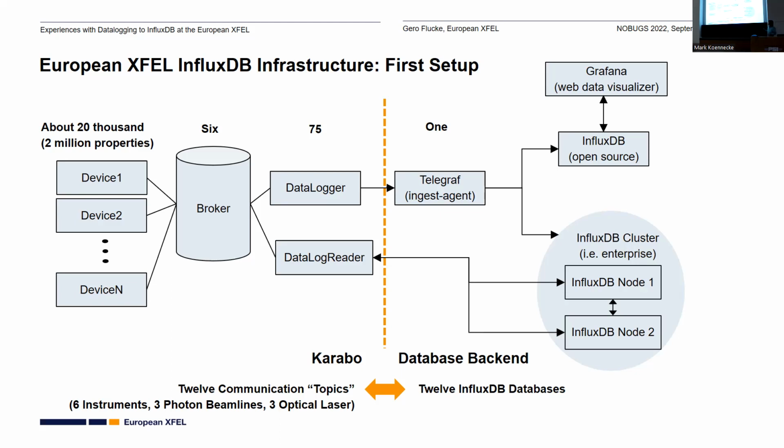for the real database. It's Telegraf here, where in the beginning we had exactly one object. Now, the 12 communication topics map to a database inside InfluxDB, and then the data from the ingest agent Telegraf goes to two places.